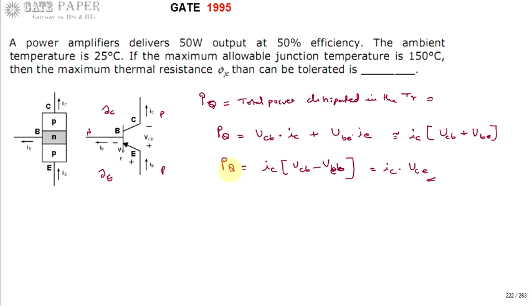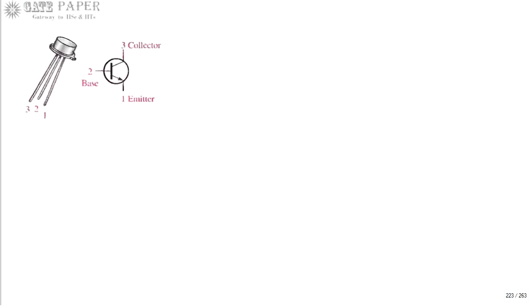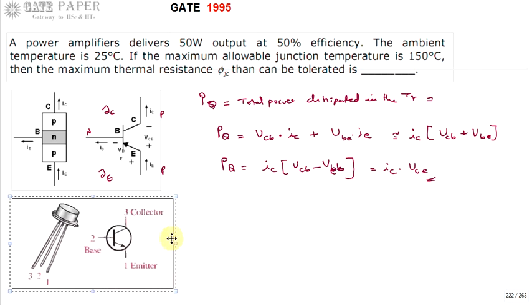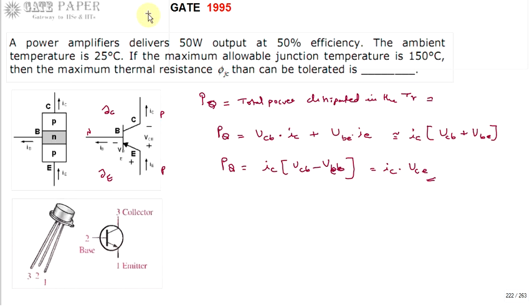We'll go with this diagram itself. The heat generated is first transferred from the junctions of the transistor towards the case, and from the case to the ambient temperature, that is the surroundings.